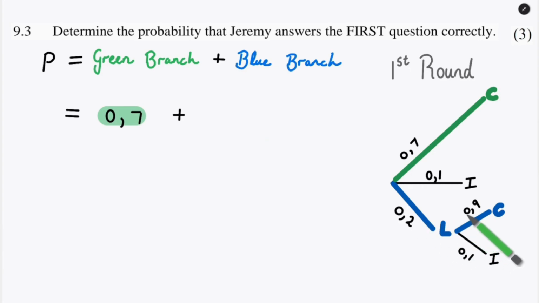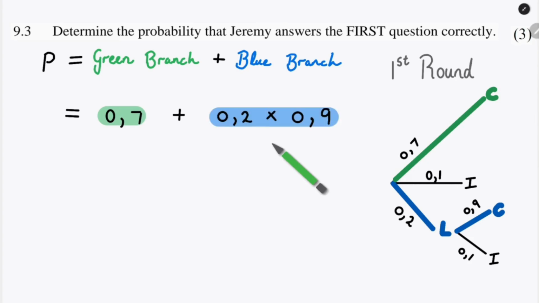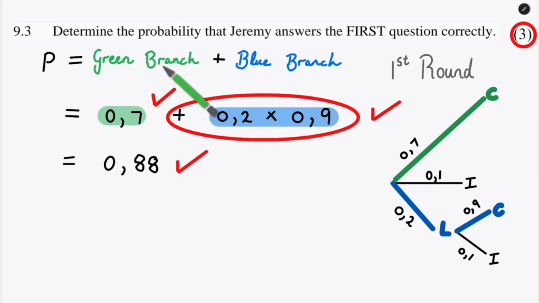So it's going to be 0.2 times 0.9. And then we slot that in the calculator, and it gives us a toasty little 0.88. And your 3 marks come from the correct probability for the green branch, adding the correct probability for the blue branch, as well as the final answer.